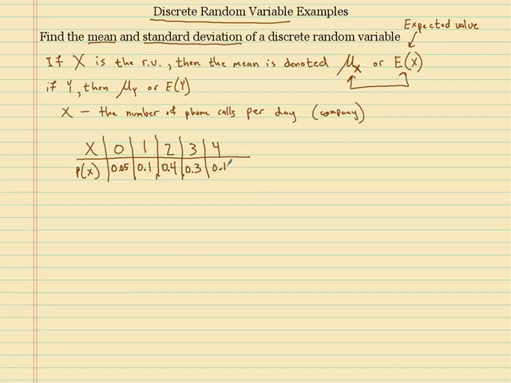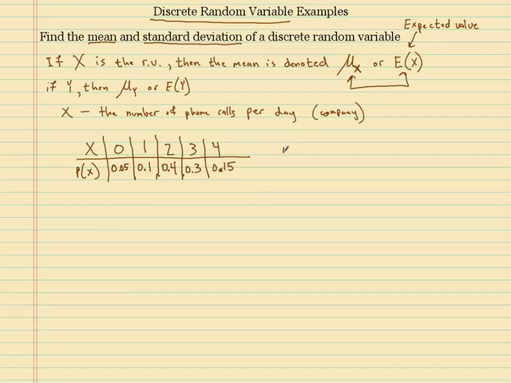And they had 4 calls 15% of the time. You should know how I found this 15%. I added all these up and asked what's left to get me to 1, because 40 plus 30 is 70, 80, plus 5 is 85, plus 15 is 100%, or 1. So this is a probability table.